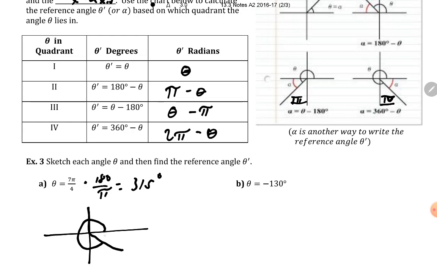Our reference angle would be this guy here, which would be 360 minus 315, which is 45 degrees.